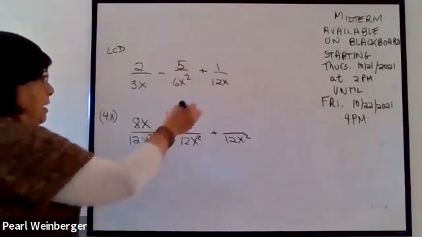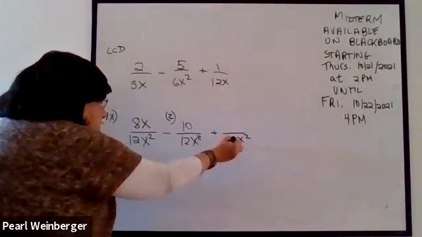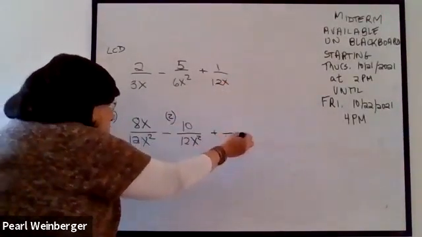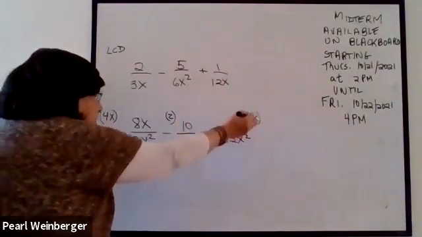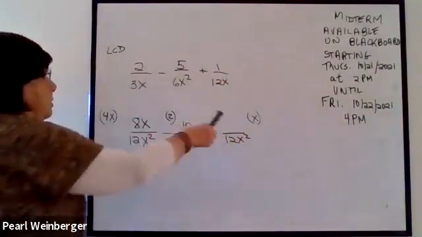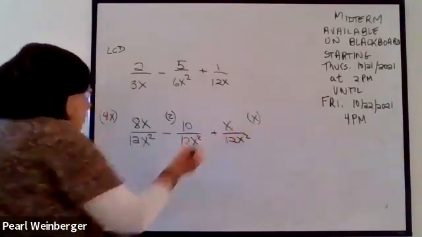And finally, I do the same thing with my last fraction. 12 into 12 cancels out. x into x squared gives me x. In other words, 12x times x gave me the 12x squared. I take that x and multiply by the 1, and that gives me 1x or x.